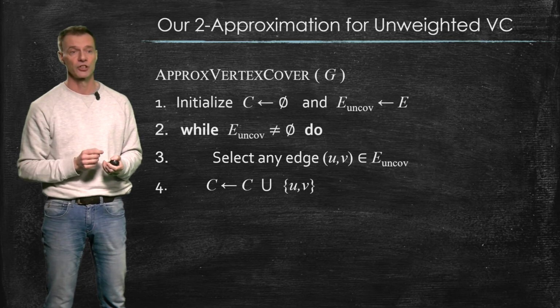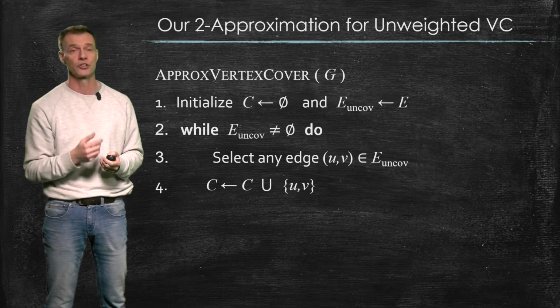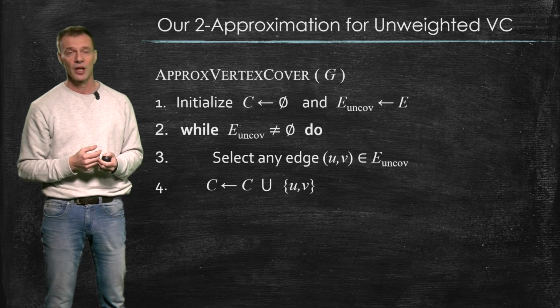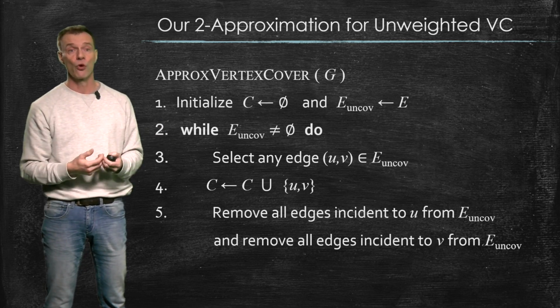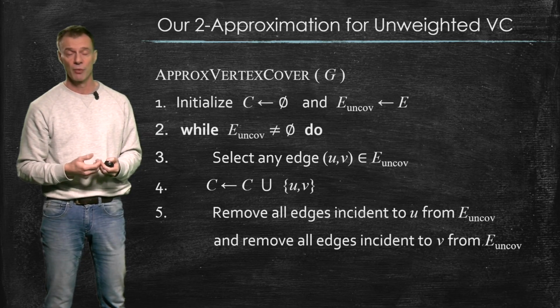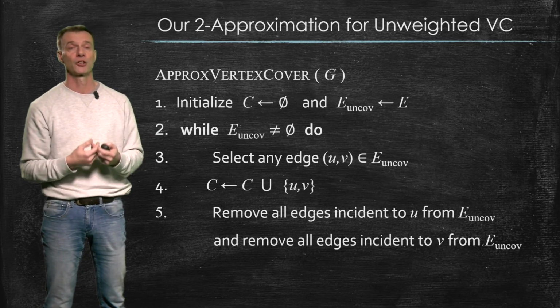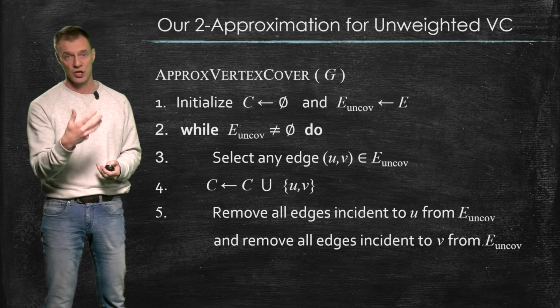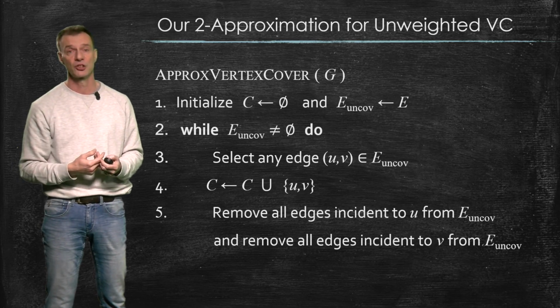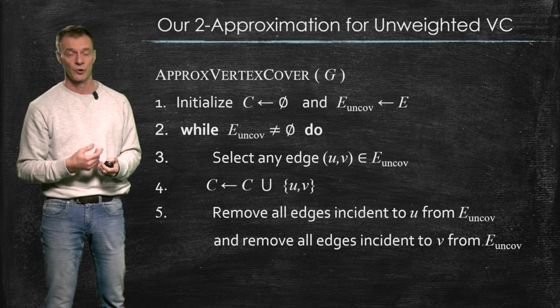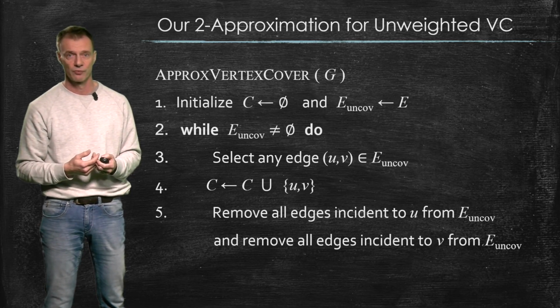Remember, one vertex did not give a good approximation ratio, so we put both vertices into the cover, and then simply remove all the edges that are now covered by one of these two vertices from our set of uncovered edges. Check again if you have an uncovered edge, and so on. This was our algorithm for the unweighted vertex cover problem.